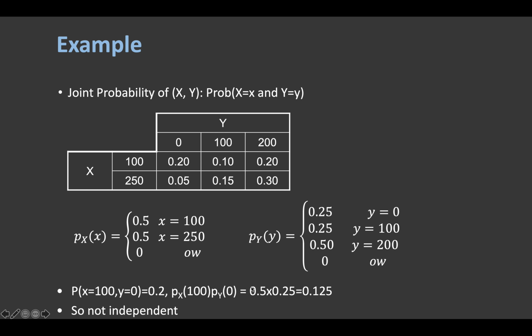And these two values are already given. p_X(100) equals 0.5 here, and p_Y(0) equals 0.25. Multiplying these two together gives us 0.125.